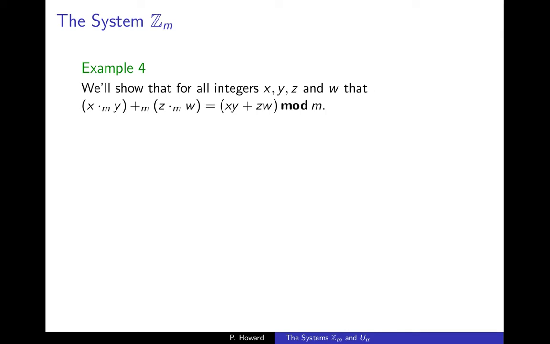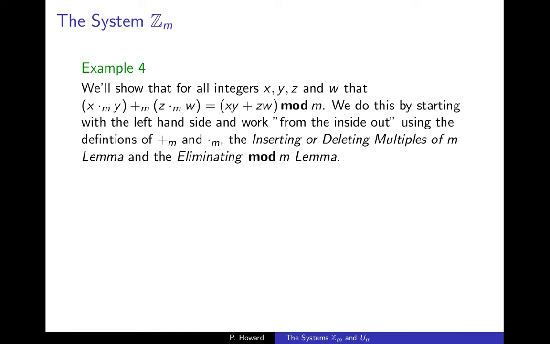So we're starting with the left-hand side. And we'll be working from the inside out, sort of, using the definitions of plus sub m, times sub m, and we'll be using the two lemmas. So here we go.